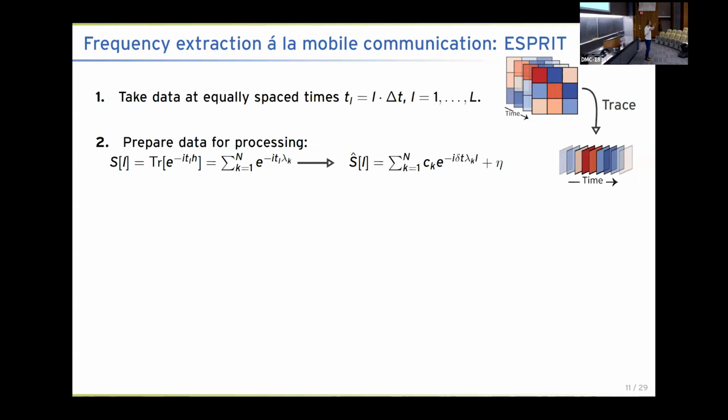And then, we have matrix value data. The algorithm as we're using it at the moment is just a scalar algorithm. So we have to compress our matrix value data to a scalar for the purpose of applying this algorithm. And the way we're doing this is by just taking the trace. This is nice because it gives us a superposition of all the frequency components with equal Fourier coefficients.